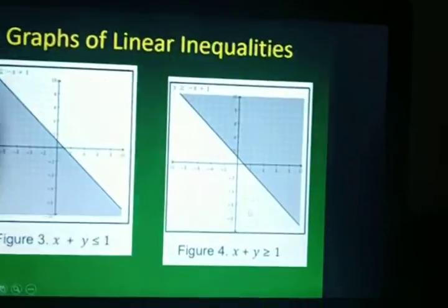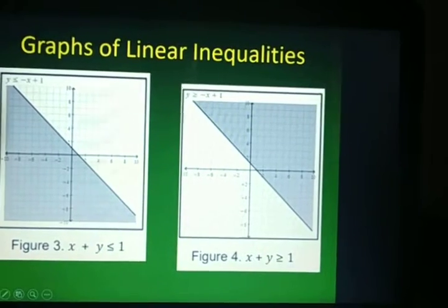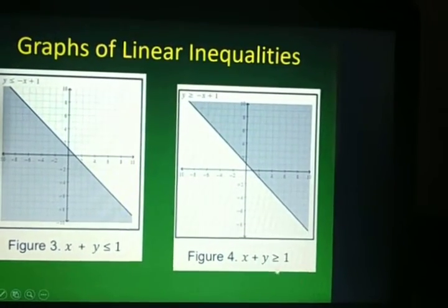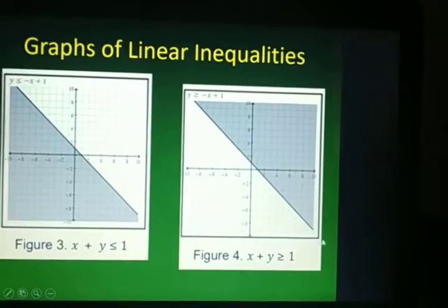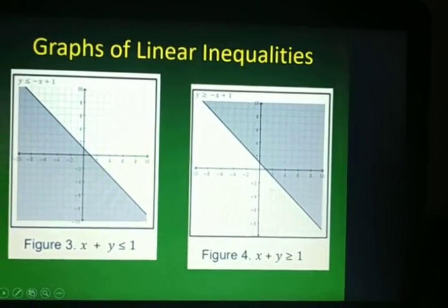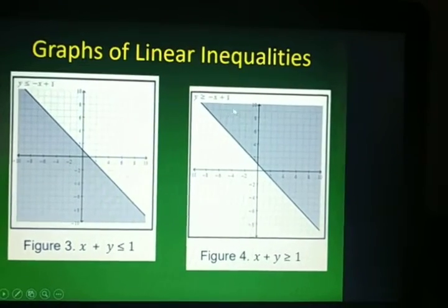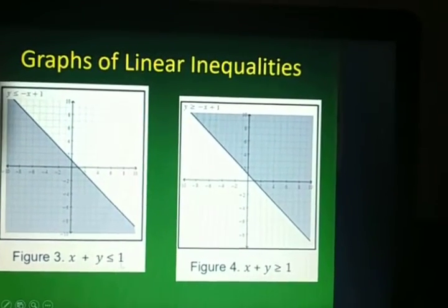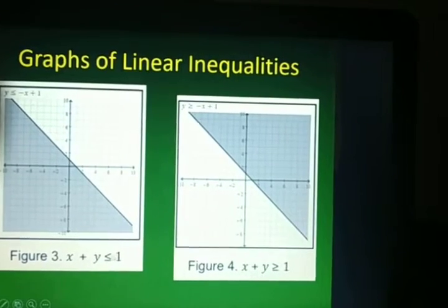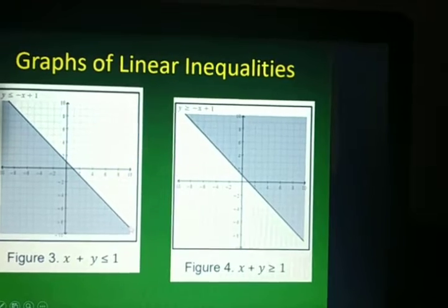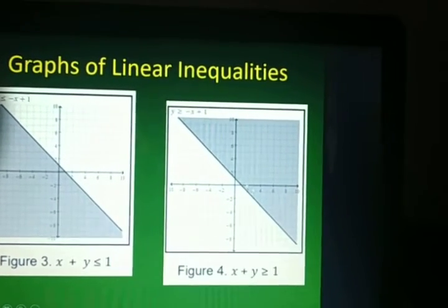Next and the last, if you have an example, x plus y greater than or equal to 1. Since greater than or equal to ang inequality symbol nga ginagamit, we use a straight line, but the shade is above the line. Take note, may equal sign sa dalom nila. Less than or equal to, and greater than or equal to, so we use straight line.